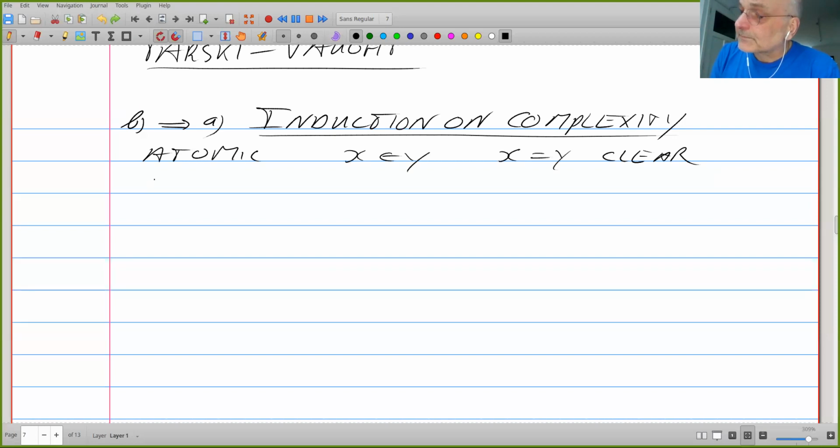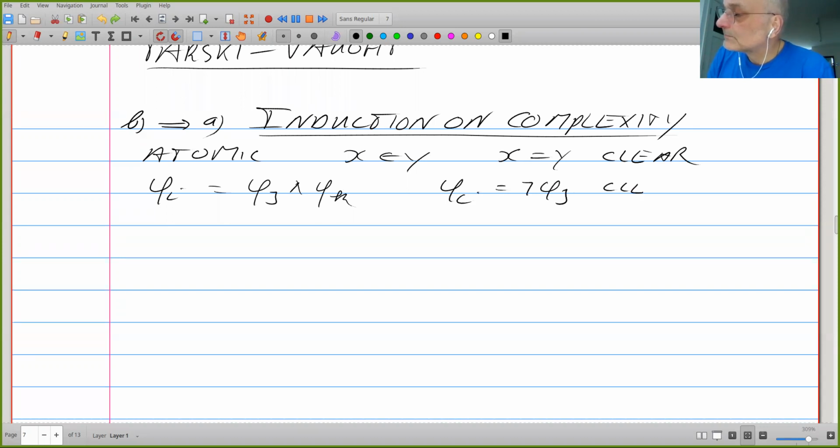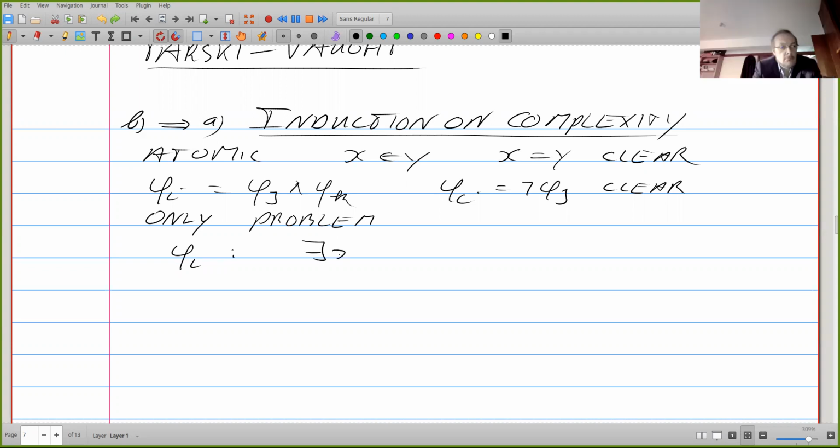Likewise, if my formula is a conjunction or a negation of smaller formulas, then we apply the inductive assumption to the smaller formulas and we're done. So the only real problem is this.